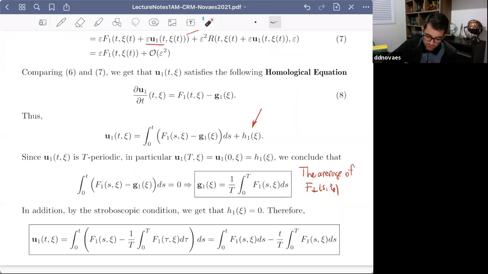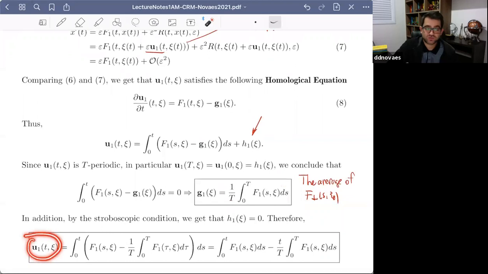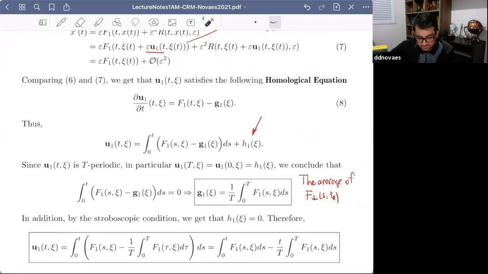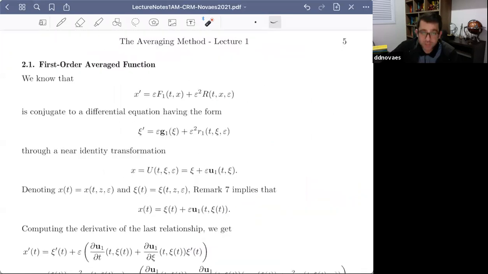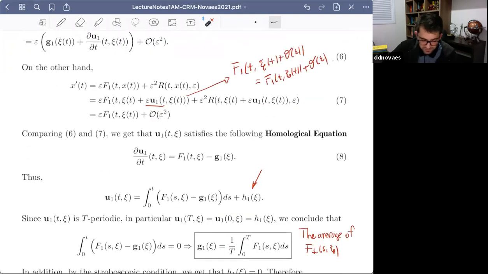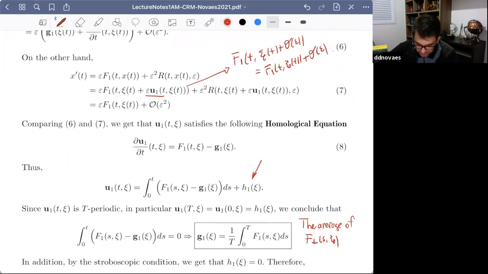Going back to this relationship, we can now compute the expression for the transformation: u1 is equal to this integral. The averaging method is telling me that using this transformation, we can approximate the solutions of the original differential equation by the solutions of a truncated averaged equation.